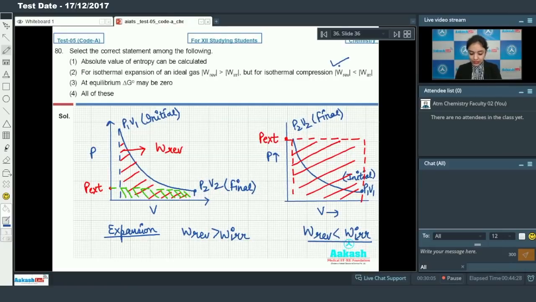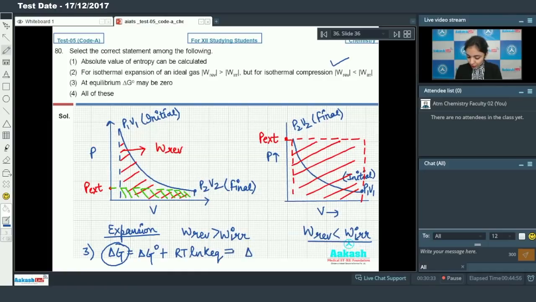Now we have the third statement in which we have been given that at equilibrium delta G naught may be 0. So this is the expression. We can write it like this: delta G is equal to delta G naught plus RT ln K equilibrium. And you know that at equilibrium delta G की value कितनी हो जाएगी? 0.